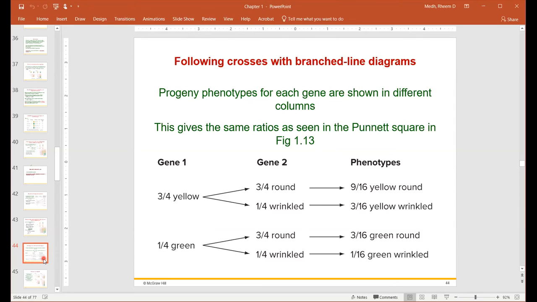So green and round are 3 out of 16, and green and wrinkled are 1 out of 16. Got it? Can you see that? Right? Everybody with me? Questions? Okay.